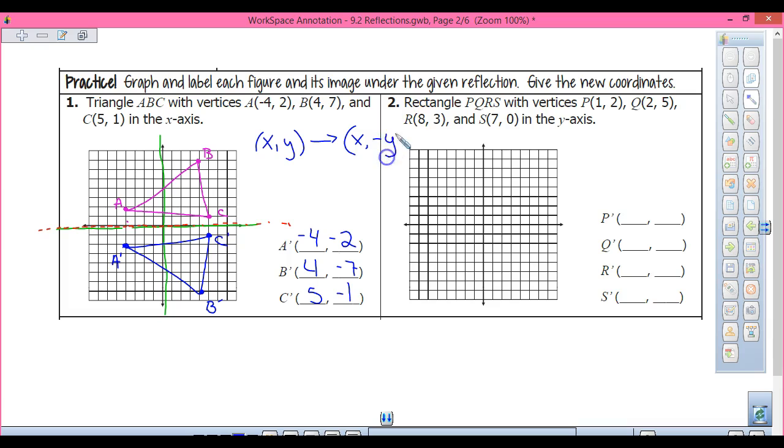So on your gold sheets, all of your points are going to go from x, y to x, -y. You might want to put that on your gold sheet. That will help you. If you don't like to use this, you can always count.